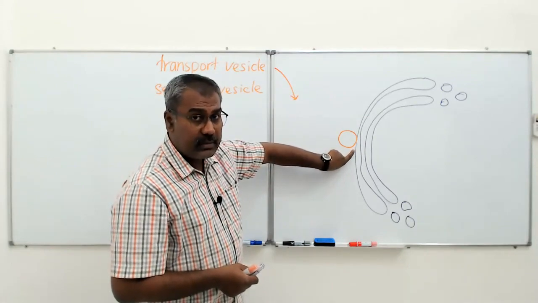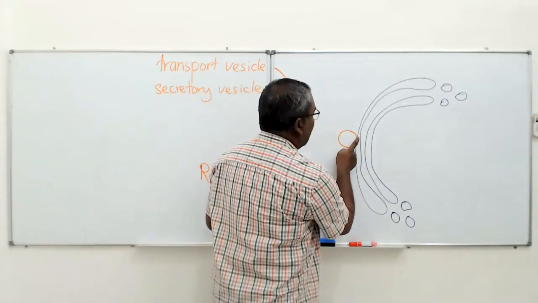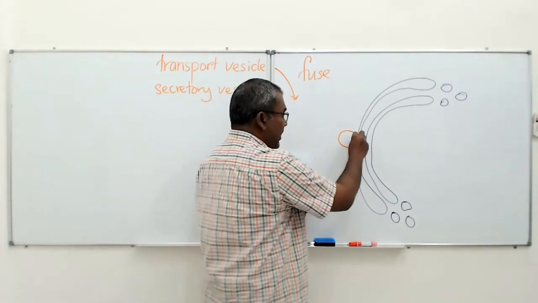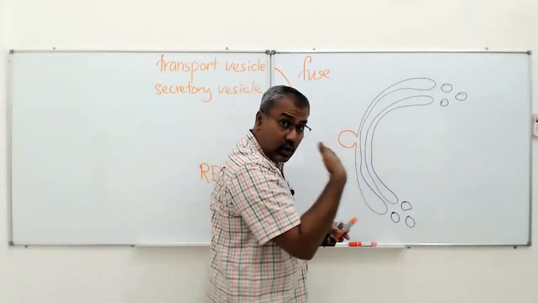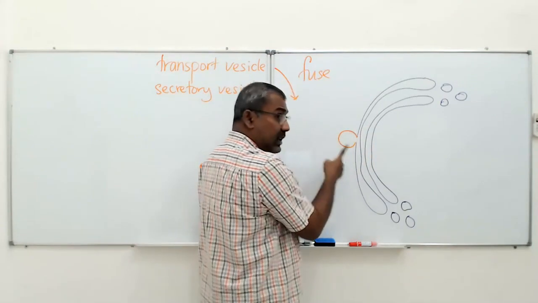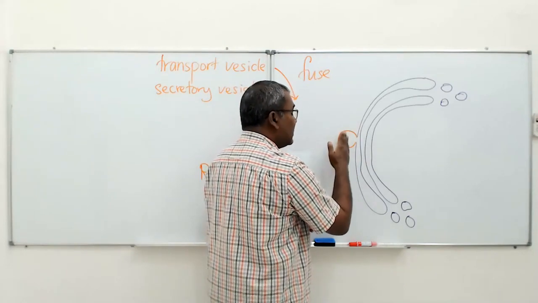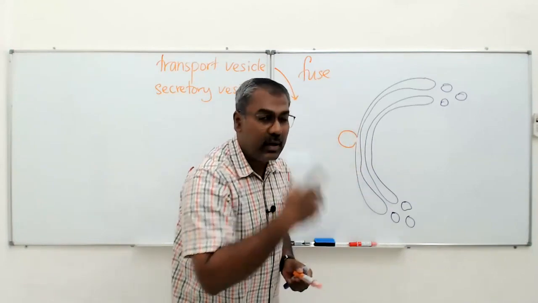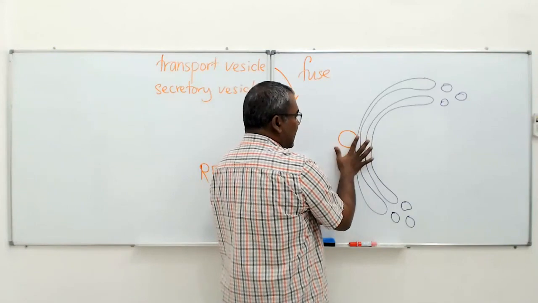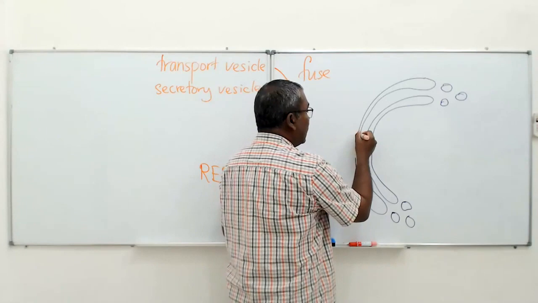Lepas dia bercantum, bahagian ini akan membuka. Lepas dia buka, what happens as time goes by, membrane vesicle tadi yang warna orange ini dia akan bercantum dan membentuk membrane Golgi pula. As time goes by, dia akan buka lebih luas dan membentuk bahagian daripada membrane Golgi.